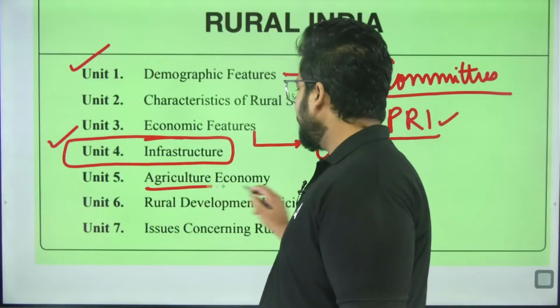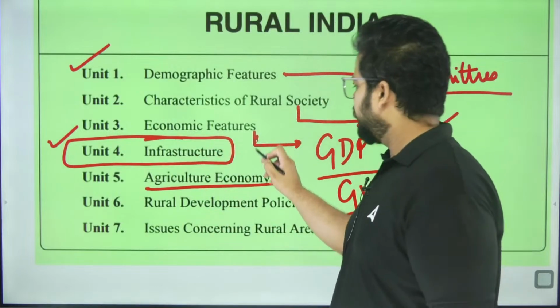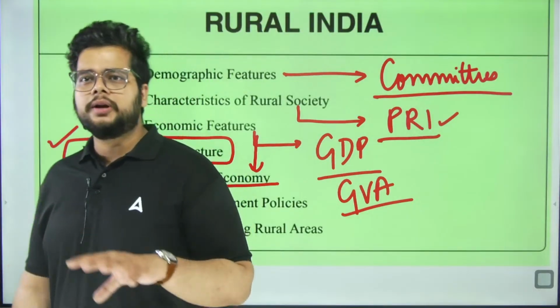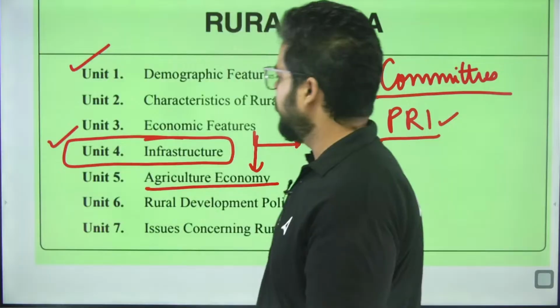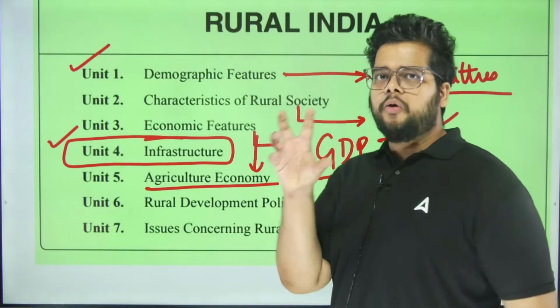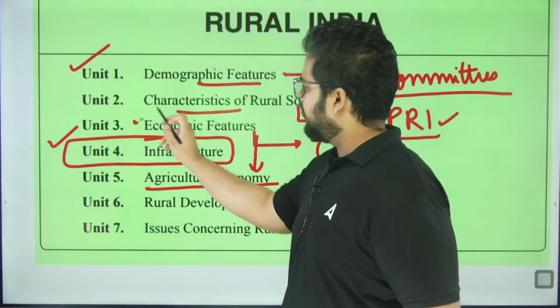When I talk about the agri economy, again an extension of the economic features, you will be seeing it in the agriculture economy: how the agricultural economy of rural areas will pan out in future will also be discussed in unit 5. So the focus areas will be only unit number 1, unit number 2, unit number 3 and 4.